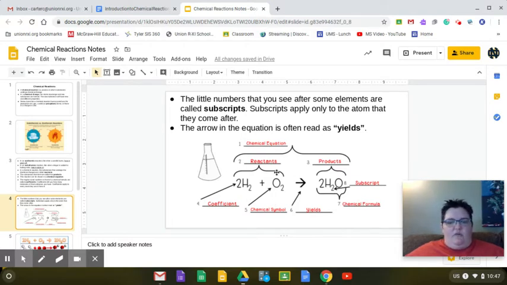You start off with certain atoms or compounds, and those are called the reactants. Okay, it's what's going to react. It's what's going to be changed. So in this case, we've got the two H2s and two O2s.